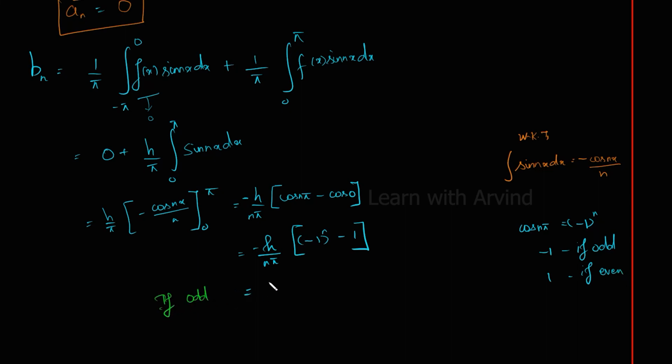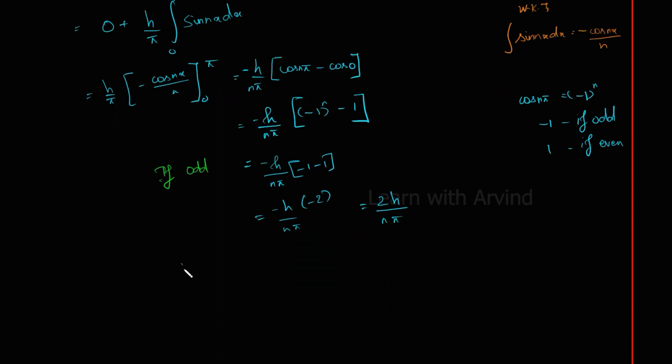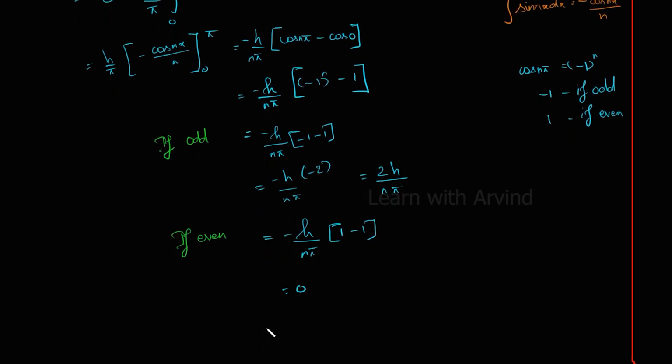If n is odd, then this would be minus h by n pi times minus 2, which is nothing but 2h by n pi. If it is even, then b n is equal to 0. B n is 0 for n even and 2h by n pi for n odd.